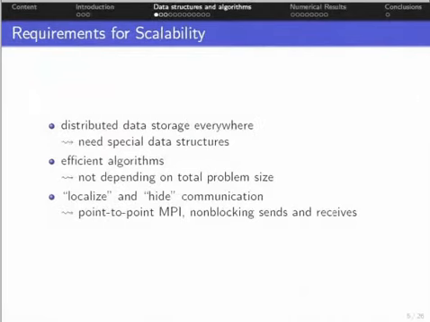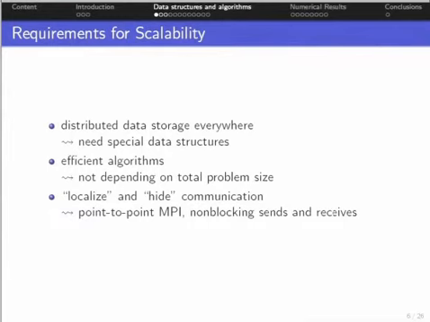And I guess in this audience, I don't really have to tell you what you need to scale to a large number of processors. But I think three things are very important. The first thing is you need to distribute your data storage. In the talks before, that was also already mentioned, with Samurai, the talk before, for example. You need to have algorithms that do not depend on the total problem size.